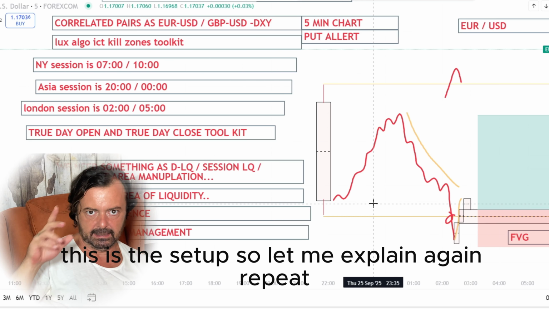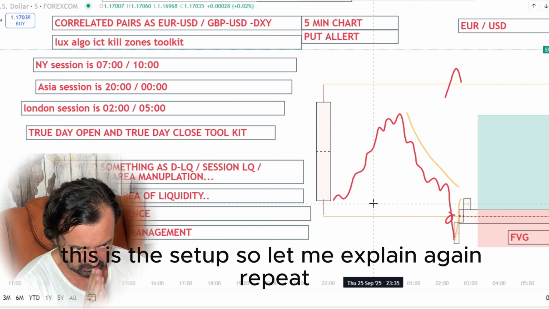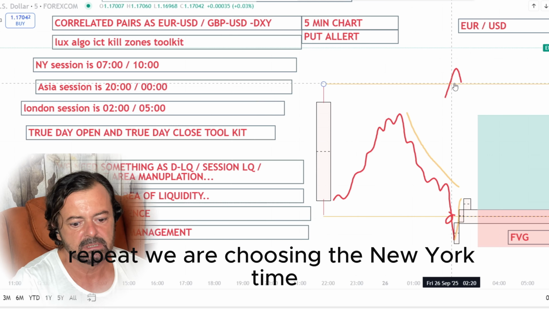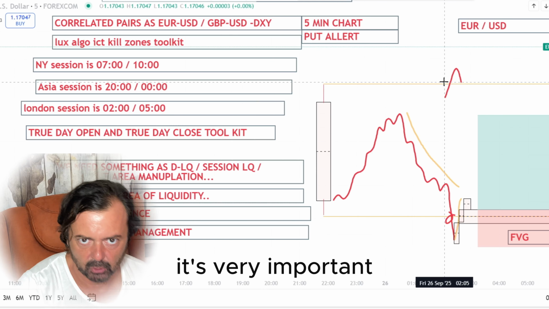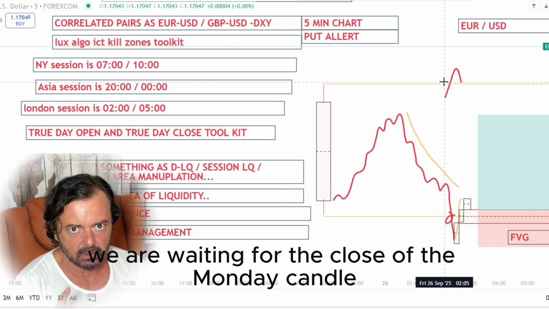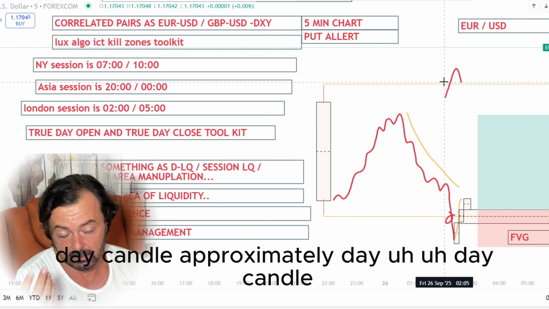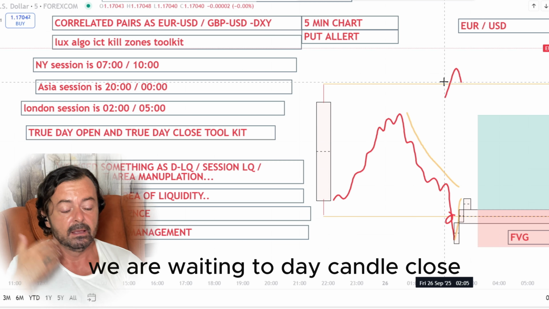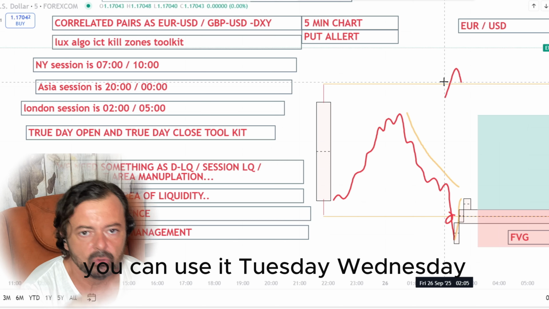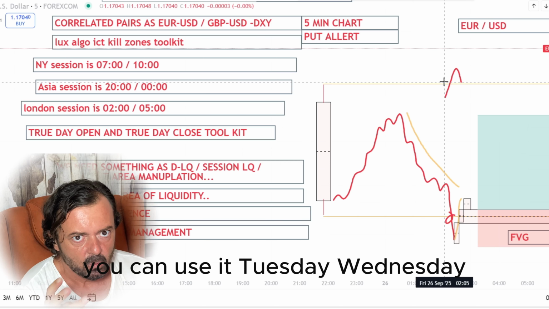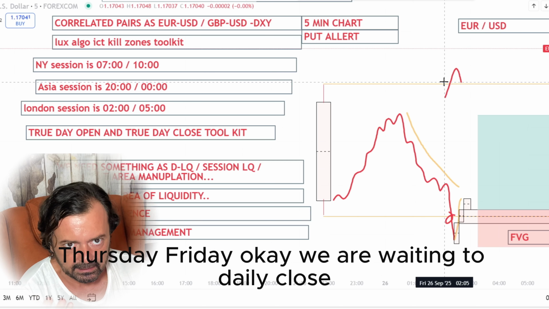So let me explain again. Repeat: we are choosing the New York time. It's very important. We are waiting for the close of the Monday candle, the day candle. You can use it Tuesday, Wednesday, Thursday, Friday.